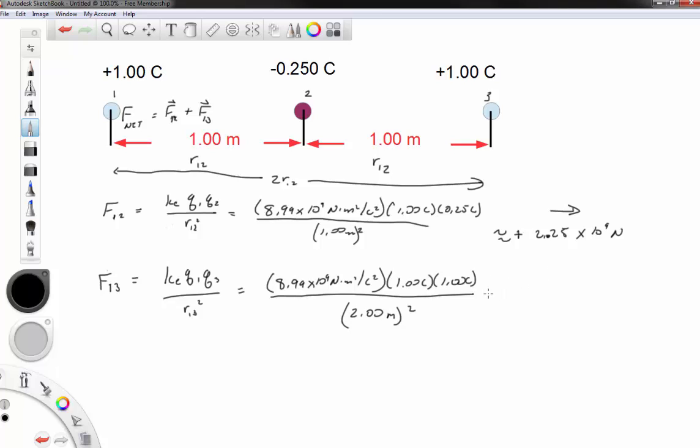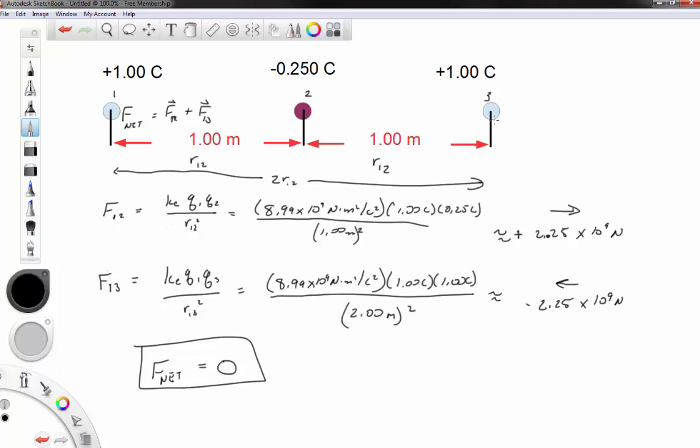And so this guy right here, when you plug it all in, gives us again about 2.25 times 10 to the 9 newtons. But now it's a repulsive force. It's in this direction. It's a minus. So if you add those two together, you can see that they have the same magnitude. They're in opposite directions. That means that the net force acting on this particle is 0.